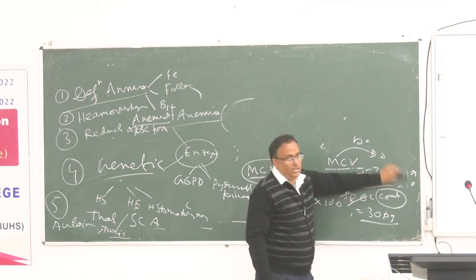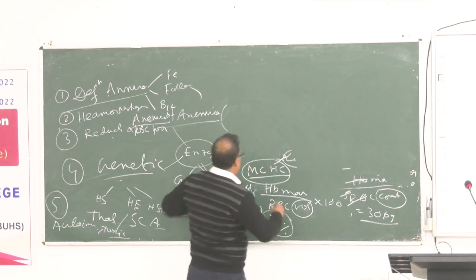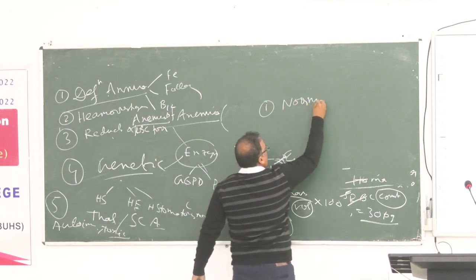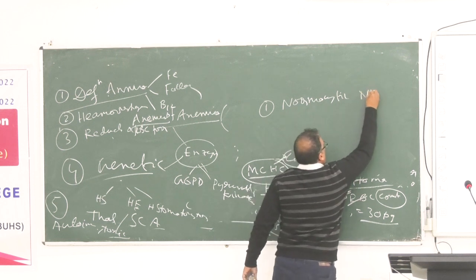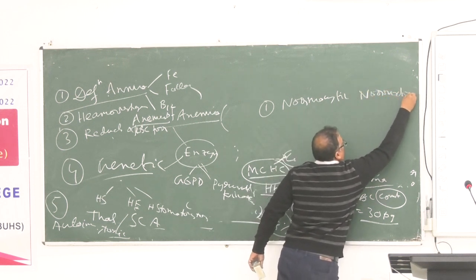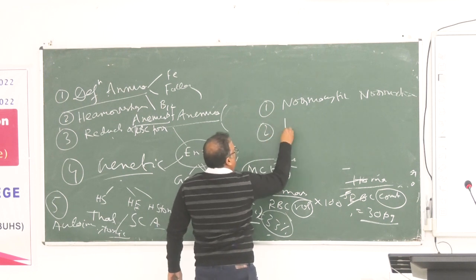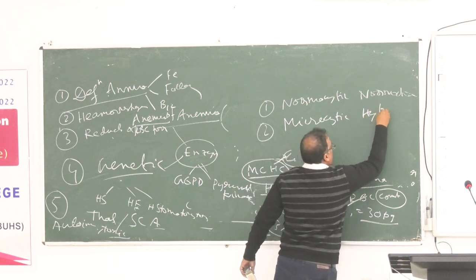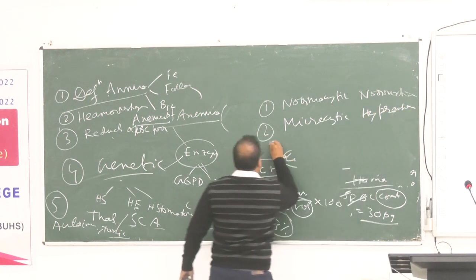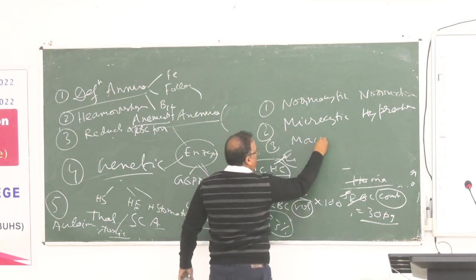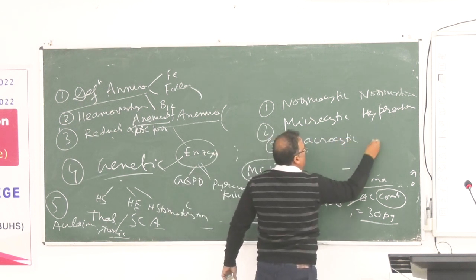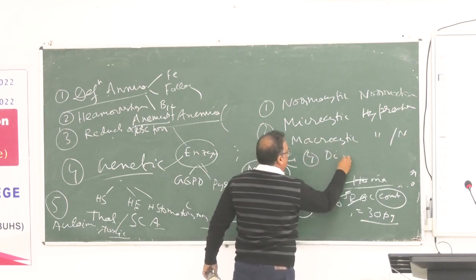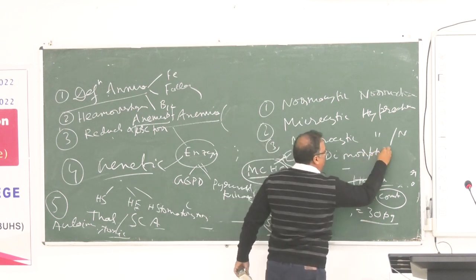In case of morphological classification, today I will give some terms, please be silent. The terms for morphological classification: number one is normocytic normochromic; number two is microcytic hypochromic; number three is macrocytic, hypochromic or normochromic; number four is dimorphic anemia.